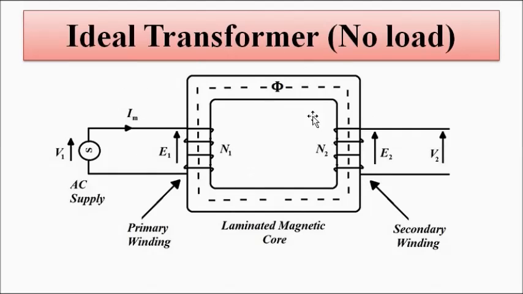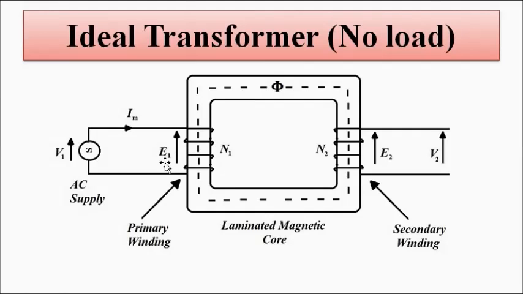We have the laminated magnetic core, primary winding, secondary winding, input AC connected to the primary winding. So you can see here it has no winding resistance. So the coil, this primary and secondary windings, they are generally represented by an RL circuit, which means a resistor in series with an inductor.